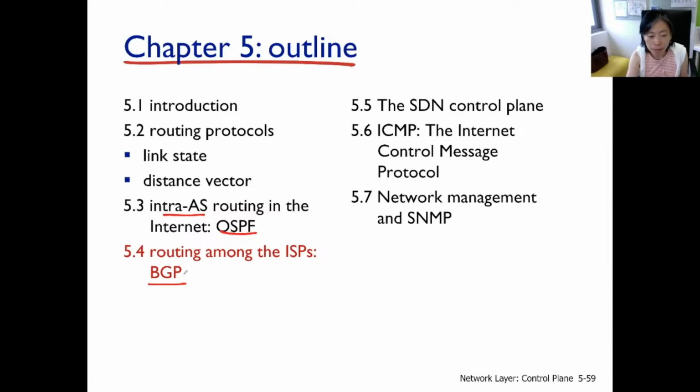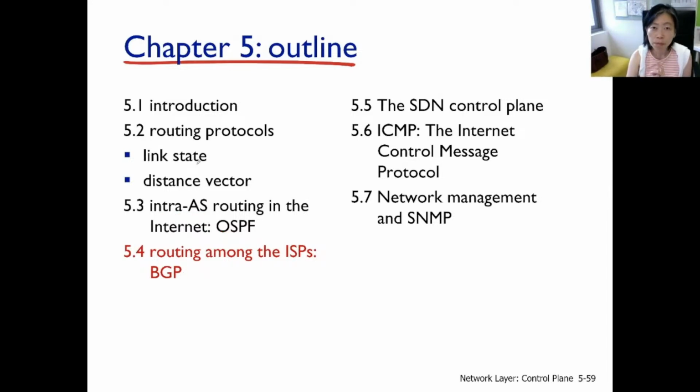Similarly, at the higher level, these gateway routers, in order to find a way to reach each other, need to run the same routing protocol as well. There's no need for an alternative inter-AS routing protocol. Therefore, BGP is the only inter-AS routing protocol. Very critical. It plays the role of enabling all these packets to be exchanged in the core of the internet.